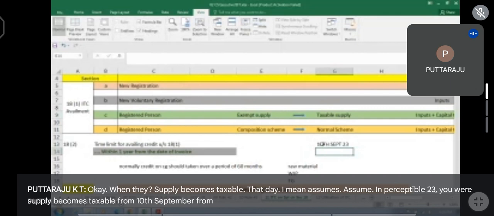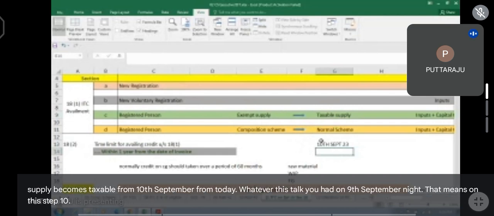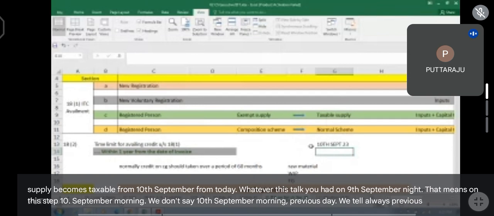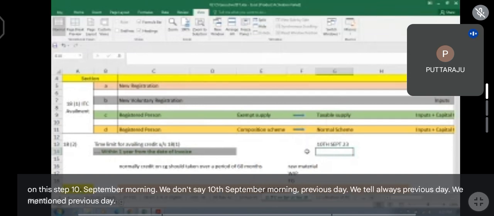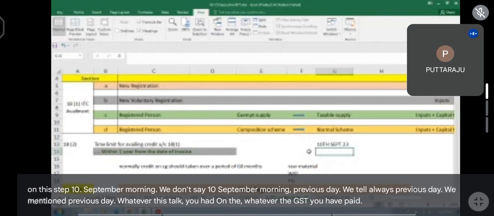Whatever stock you had on 9th September night, we always mention the previous day. Whatever stock you had on that day, whatever GST you have paid, that GST you can take credit.